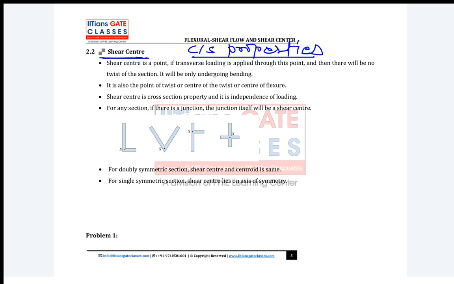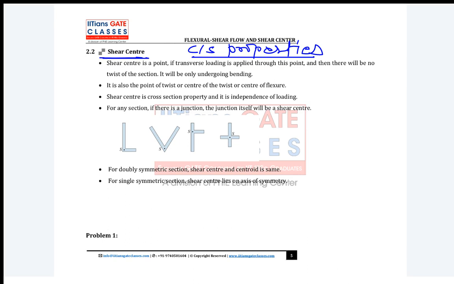Yes, so next is shear center. Shear center is a cross-sectional property. What do I mean by that? Yes, it is not dependent on material, and it will also not depend on load.